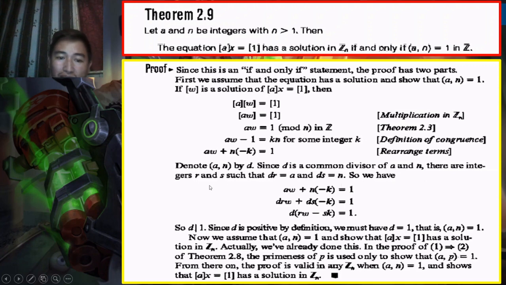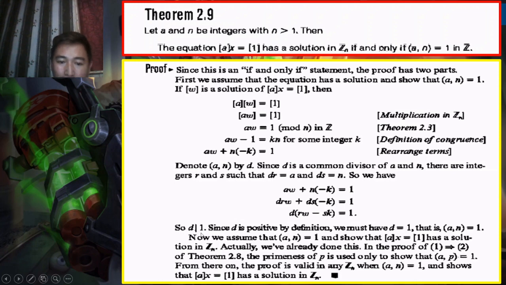So there are integers r and s such that dr equals a and ds equals n. Replacing a with dr and n with ds, and factoring out d, we get d times (rw minus sk) equals 1. So d divides 1.